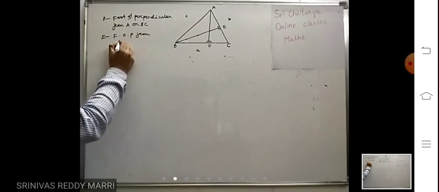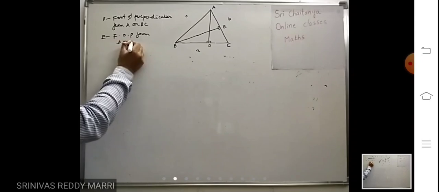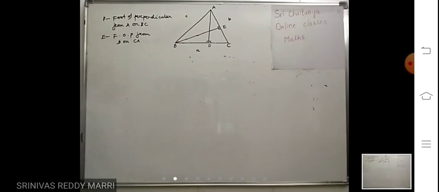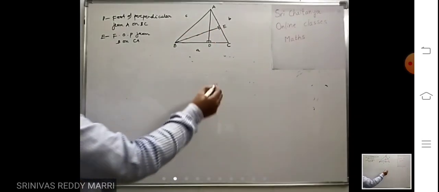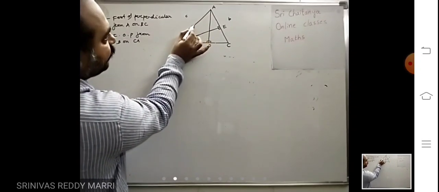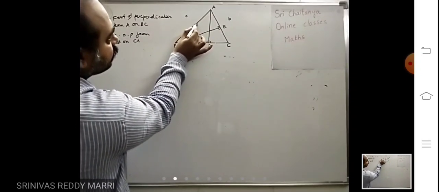From B on side CA. That E is called one foot of perpendicular. Now I am dropping another altitude from C upon AB.